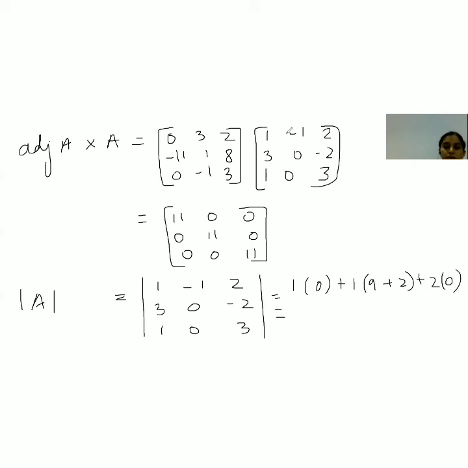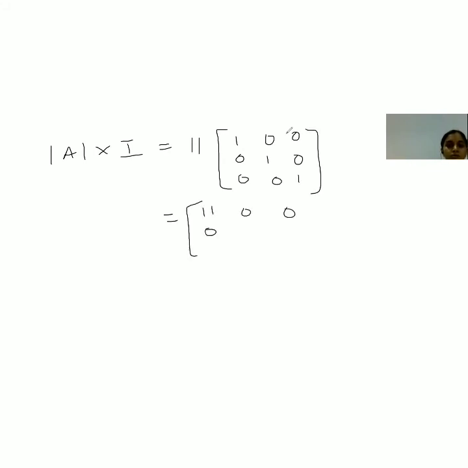So we're getting the answer 11. Now the determinant value is 11. So determinant of A multiplied by I will be 11 multiplied by an identity matrix. Right, so the answer will be 11, 0, 0, 0, 11, 0, and 0, 0, 11.